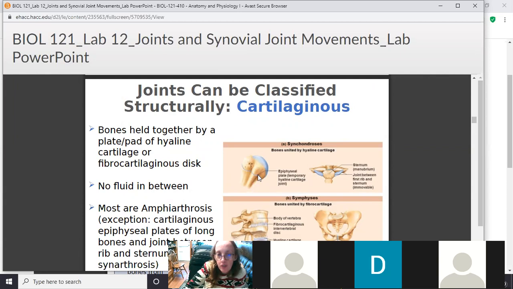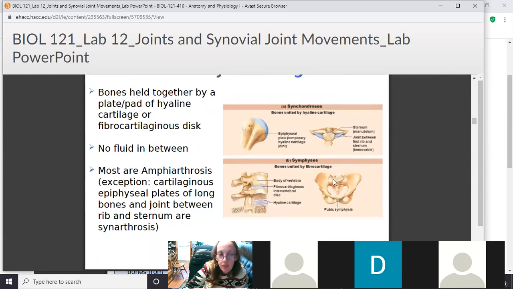Examples are the epiphyseal plates and the joint between the ribs and the sternum, the manubrium. Most are amphiarthrosis, except the cartilaginous epiphyseal plates of long bones and the joints between the rib and the sternum, which are synarthrosis.